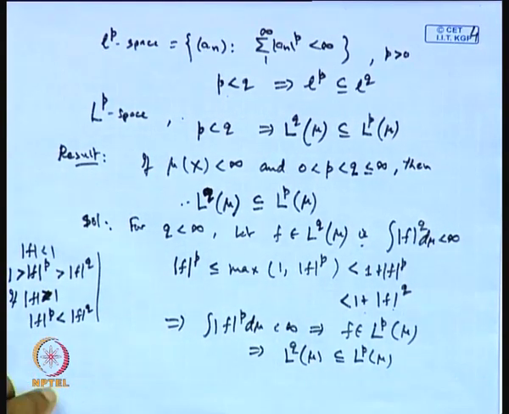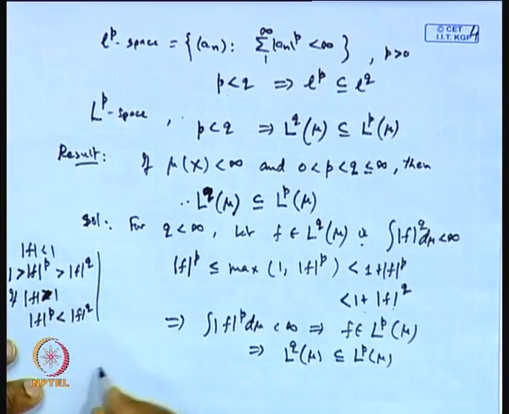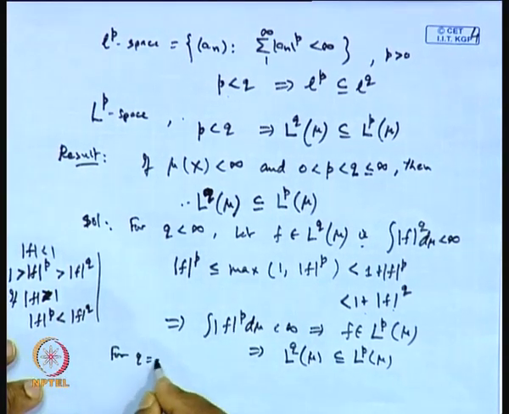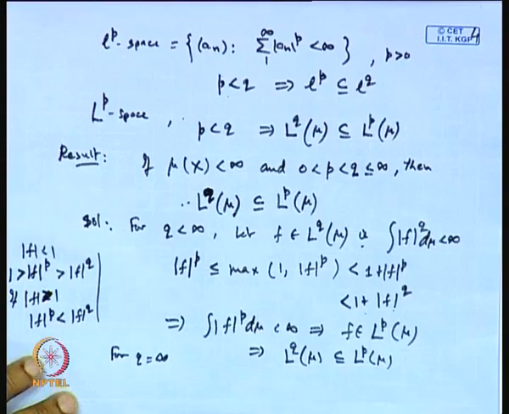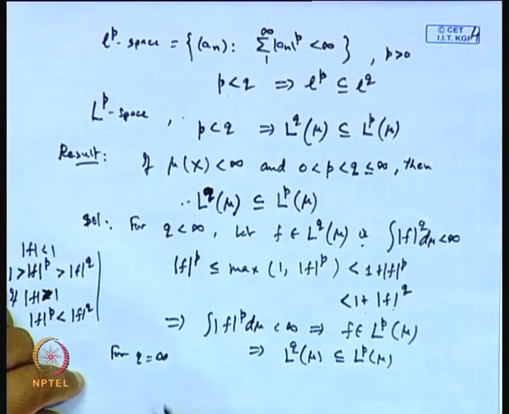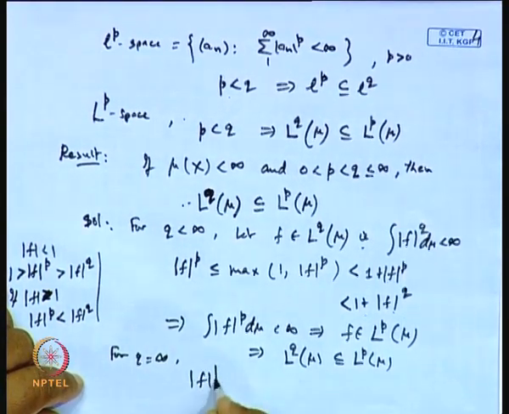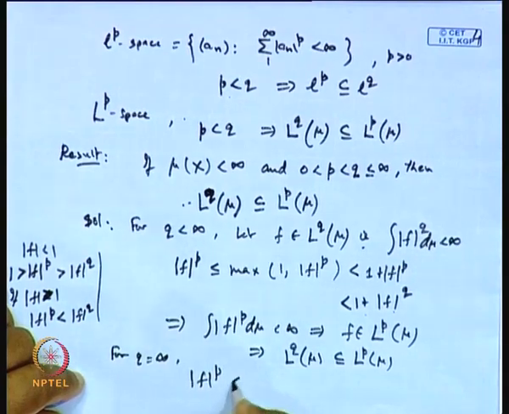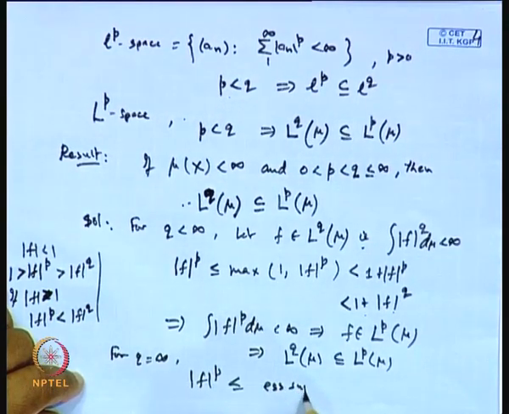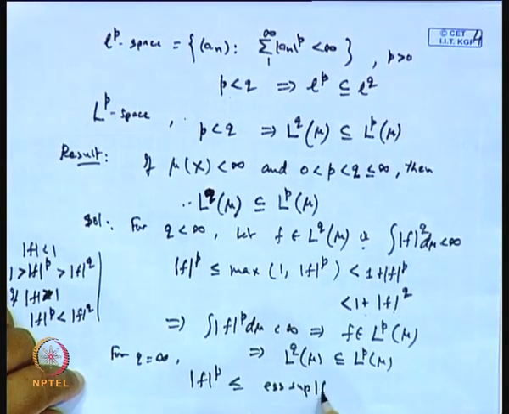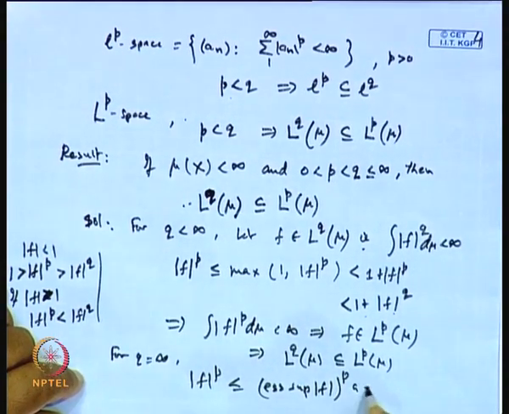Okay. Now, in case q is infinity, then |f|^p is less than or equal to the essential supremum of |f|^p almost everywhere, is it not?